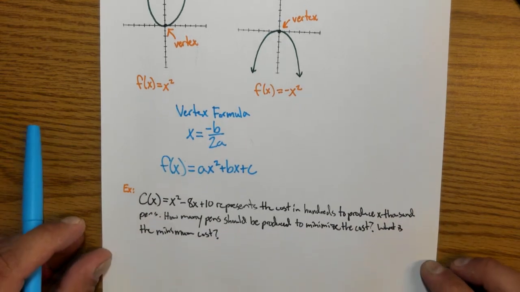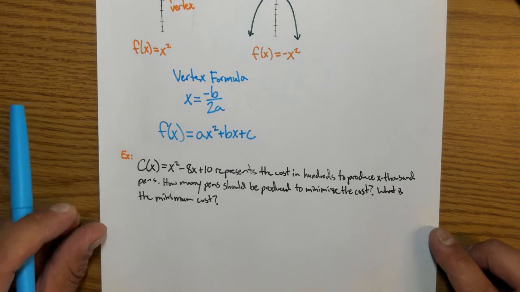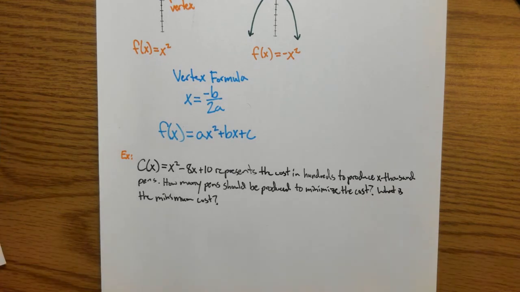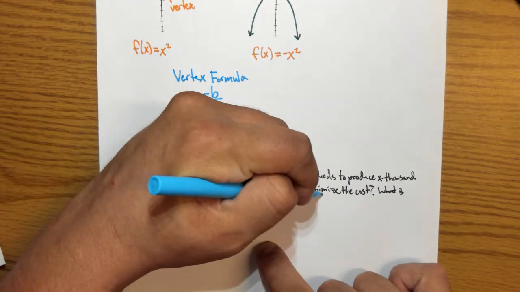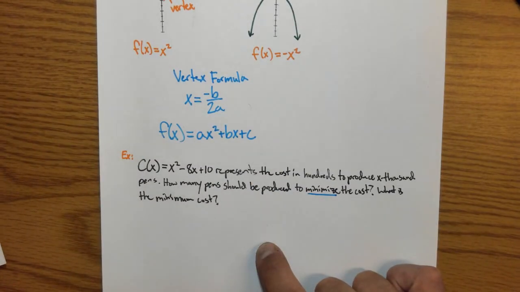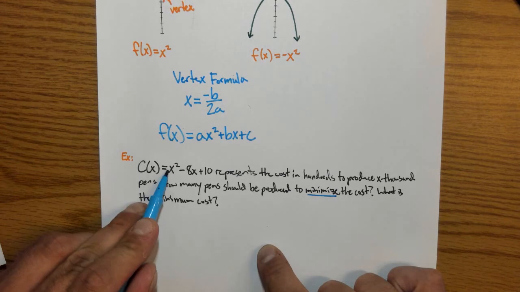So let's take a look at an example here. C of x equals x squared minus 8x plus 10 represents the cost in hundreds to produce x thousand pens. How many pens should be produced to minimize the cost? What is the minimum cost? So this is a minimization problem, and this opens up, right?